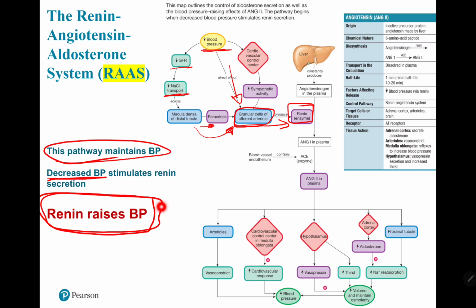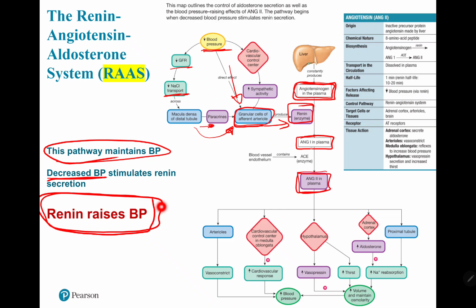And so when renin is released, ultimately, it converts the already circulating angiotensinogen in the plasma into angiotensin I. Angiotensin I is a mild vasoconstrictor, but clinically we ultimately want angiotensin II.